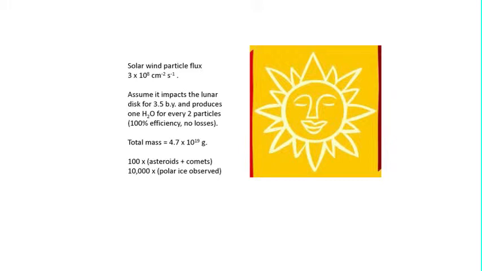This is Julie Moses's number, which has huge error bars, but not 2 orders of magnitude. And this is the Feldman et al. number of what's observed. So if you had 100% efficiency, which is highly unlikely, you'd have a big contribution from the solar wind.